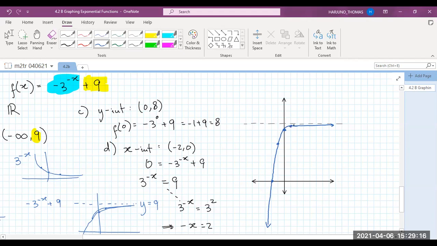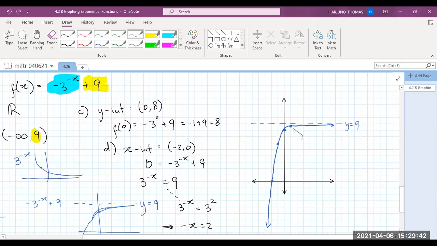Now, because we anticipate that later on you may not print your tests and use blank paper, you need to draw your own coordinate system, right? Then make sure you label, for example, the horizontal asymptote y equals 9, and these important coordinates here.